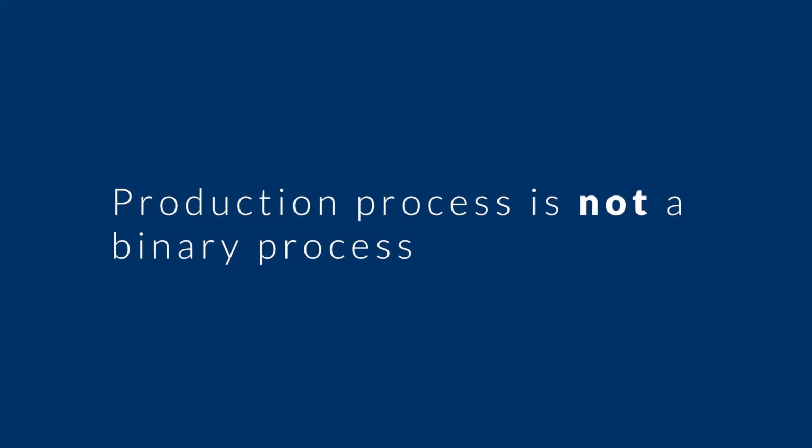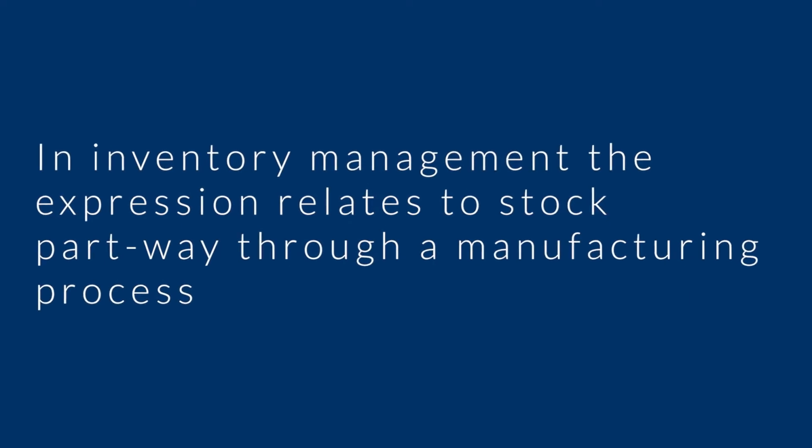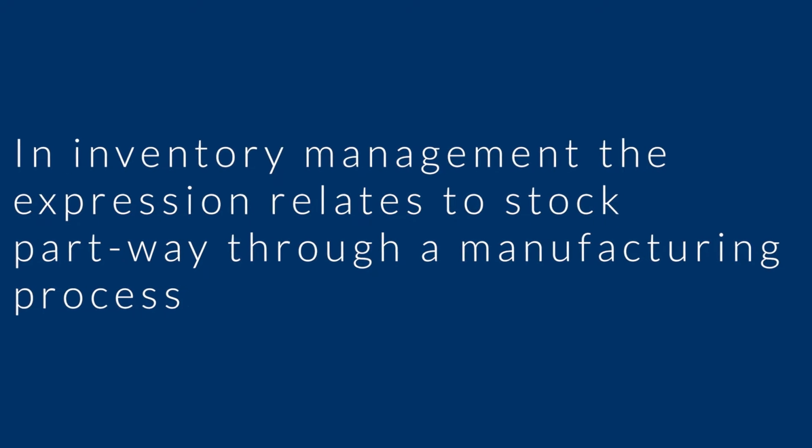The point to remember here is that production process is not a binary process, okay? It's not raw materials and then we have finished goods. In between raw materials and finished goods, we have something, and that thing is what we refer to as work in progress. So raw materials, finished goods, work in progress. In inventory management, work in progress relates to stock partway through a manufacturing process.